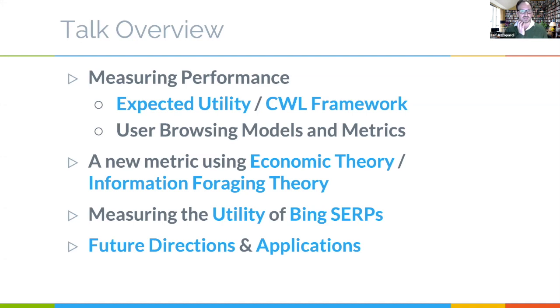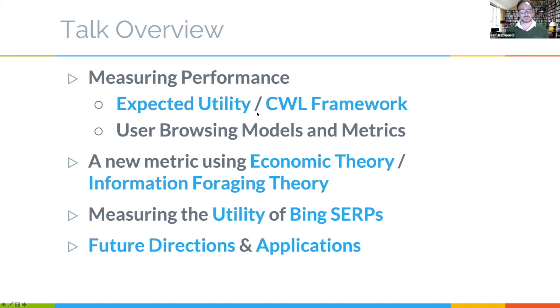And the focus of today's talk is on measuring the performance. So looking at how we can use these models of interaction and encode them within a metric in order to measure the utility that people extract from their interactions.